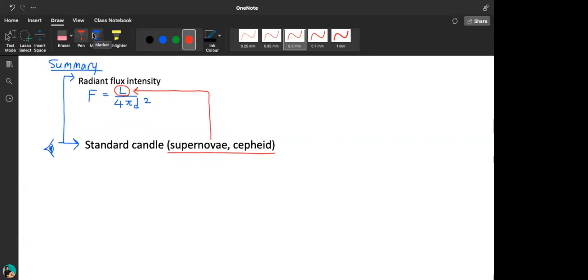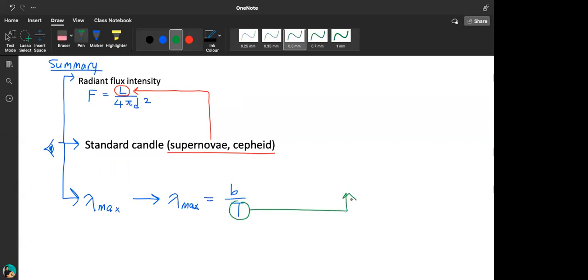Then we also can see the maximum lambda, lambda max. All this we measure from the Earth, right? So maximum lambda of stars, once we have the maximum lambda, we can find the temperature, T. And then using this temperature, we can also find the Stefan-Boltzmann.